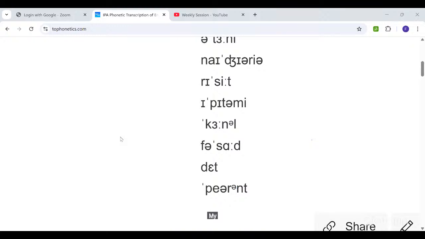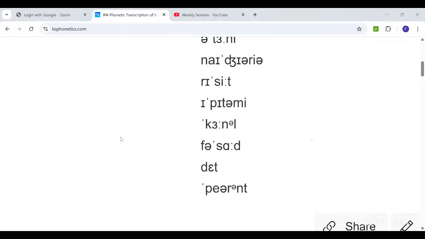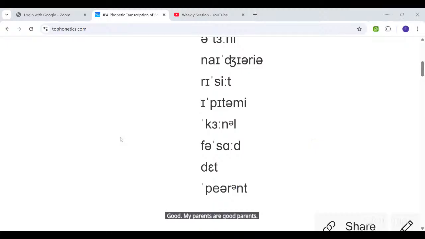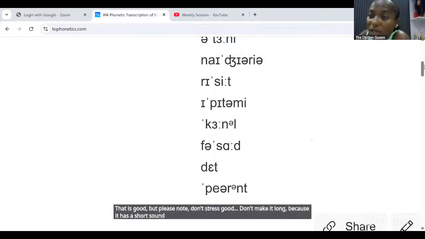Please say that again. My parents are good parents. That is good, but please note, don't stress good. Don't make it long because it has a short sound.